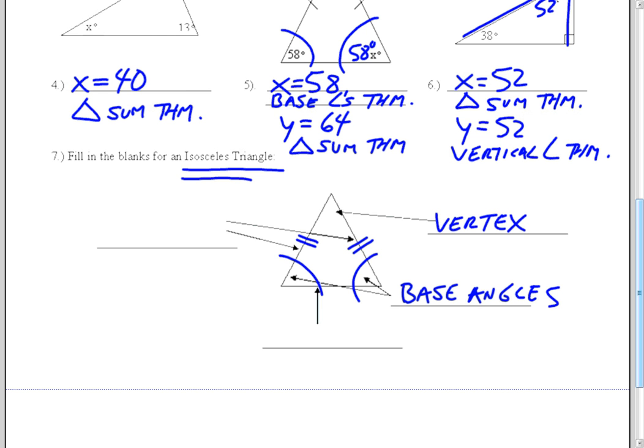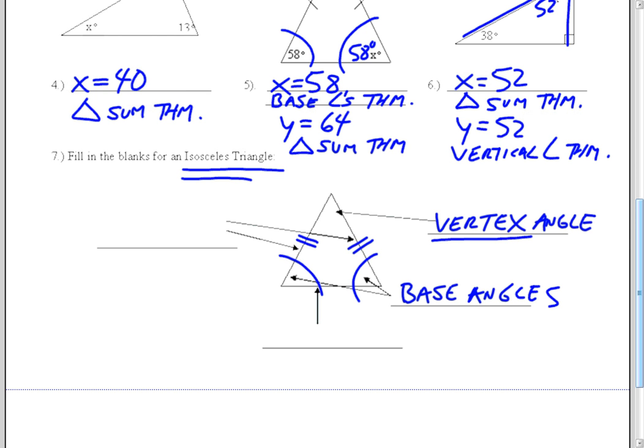Once again, the term vertex comes up. Vertex is a weird word. Sometimes it's used really generally to represent points. Vertex is really just a synonym for point. But sometimes we use it to designate specific spots or specific places. Here, if it's not a base angle, we call it the vertex angle.